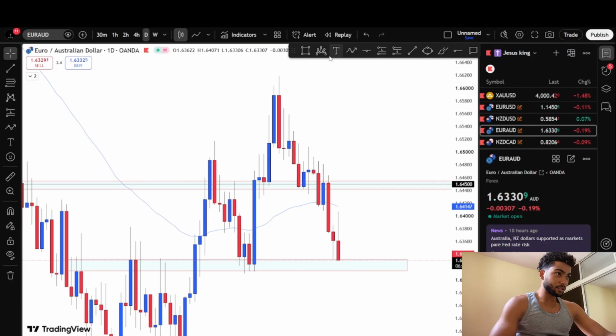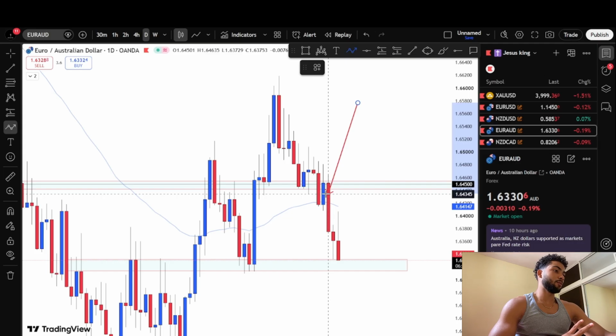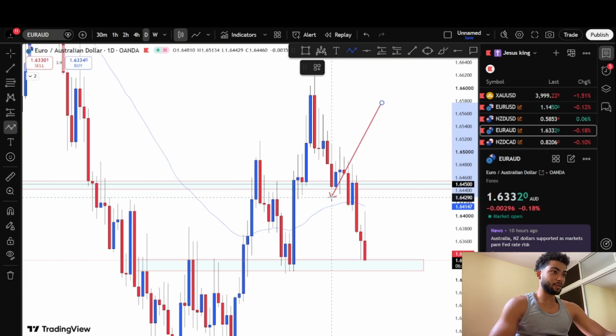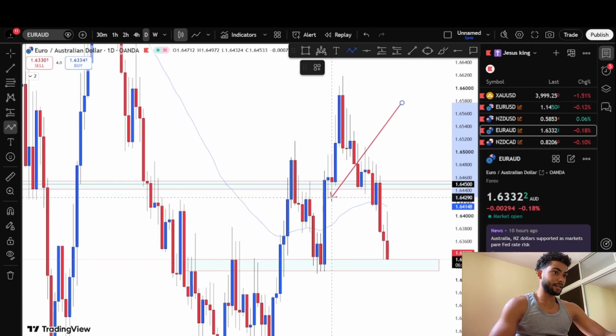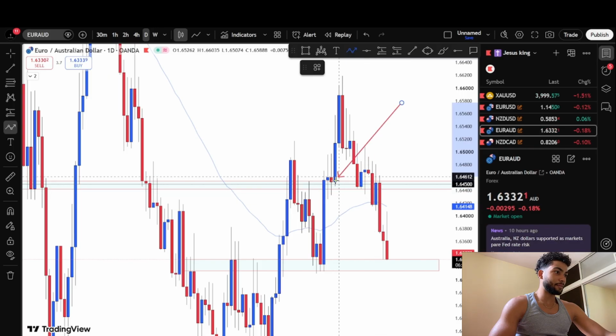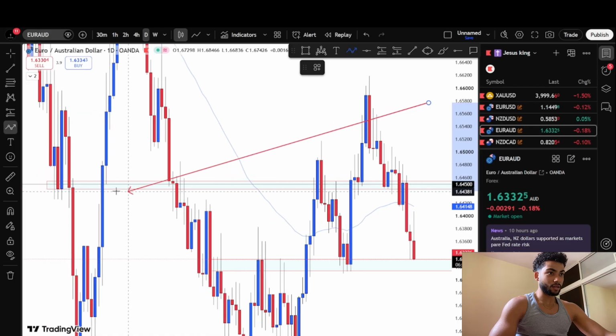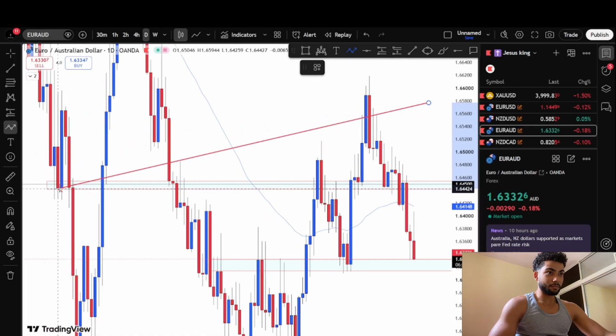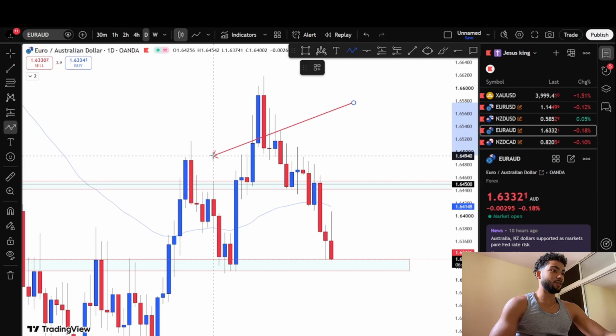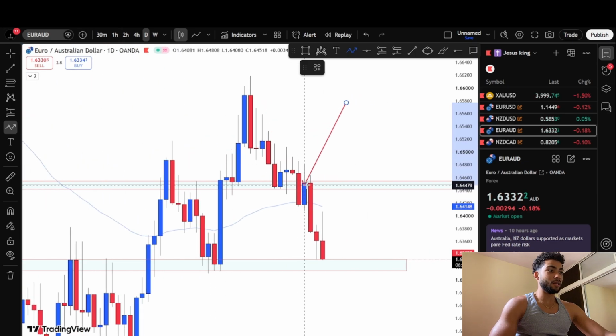So an area of interest consists of three touches. What does that mean? For example, if I look left, I'm seeing that in this same area, whenever price is above, it heads to the upside. So in this case, we are below it.